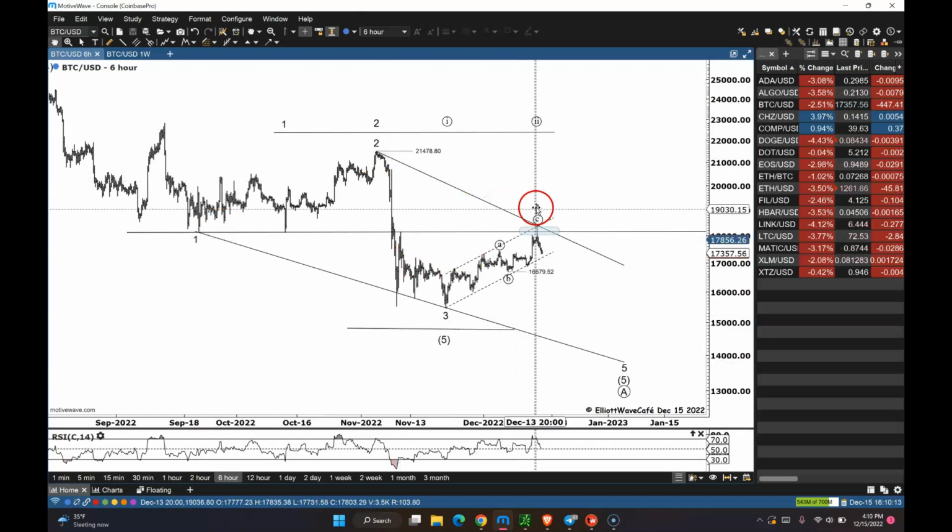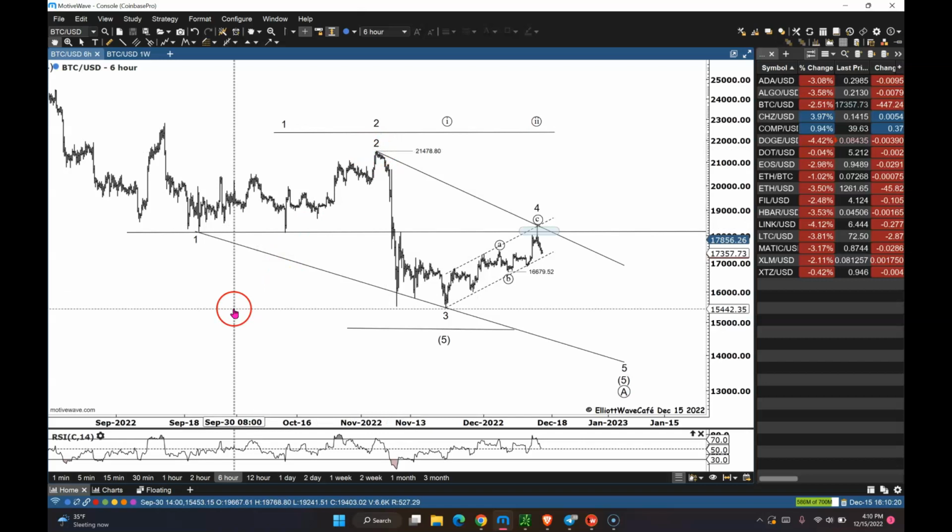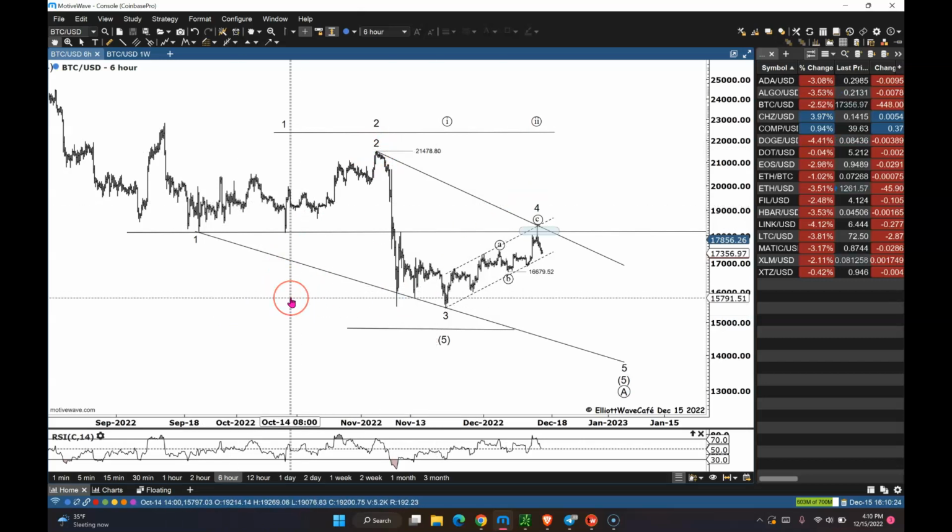But if you're talking about this fourth wave in an ending diagonal, wave 4s are supposed to be smaller than wave 2s. By structure, by design, the waves in an ending diagonal are contracting: wave 1 is the largest, wave 3 is smaller than 1, wave 5 is smaller than 3.